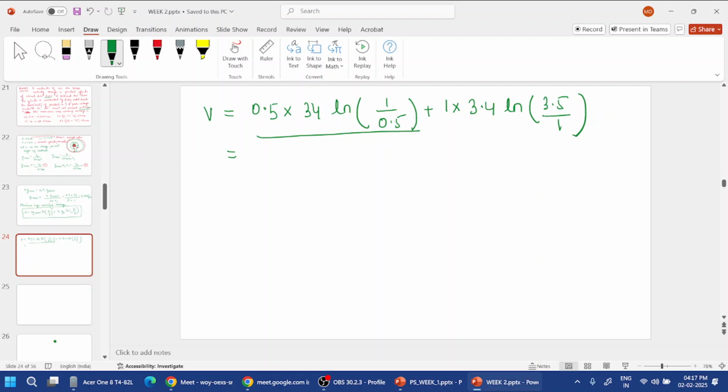And if we take the log, write the value of this part. Write in the chat box, solve this part and give me the value. And then for this part, write the value here in the chat box. Let me see how much you are getting. Calculate the value 0.5 into 34 into log 1 by 0.5 using the calculator.